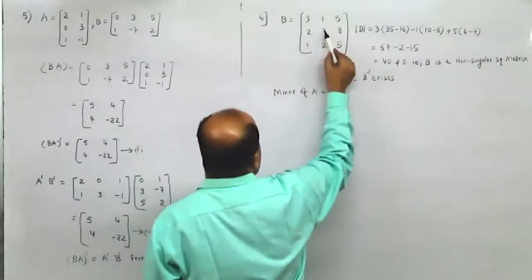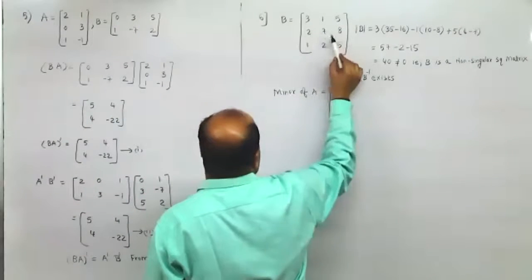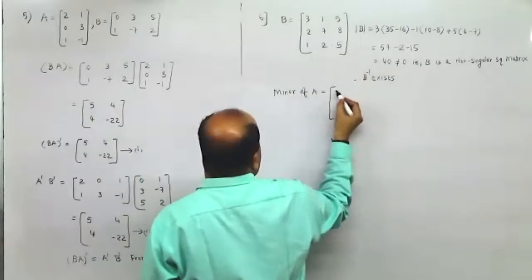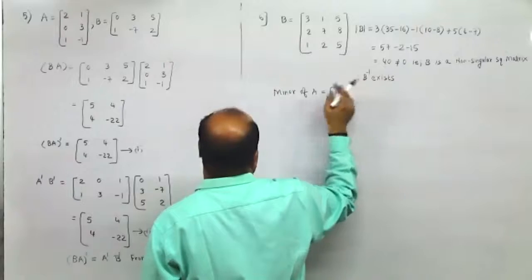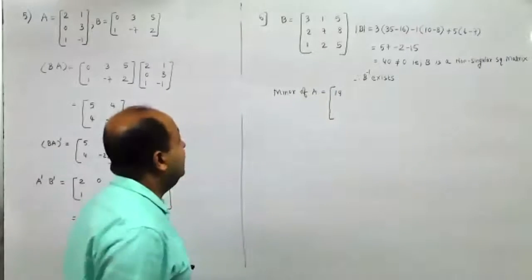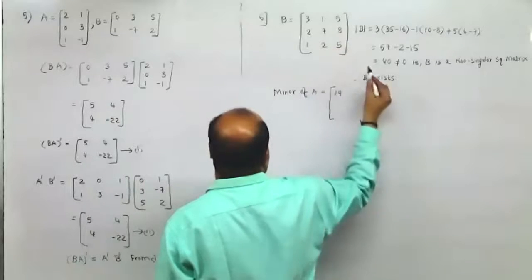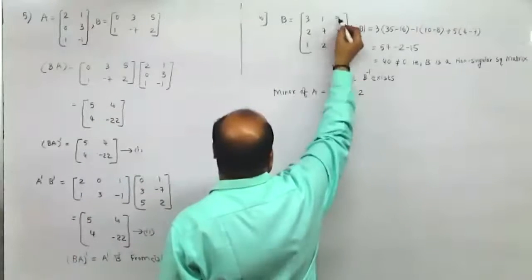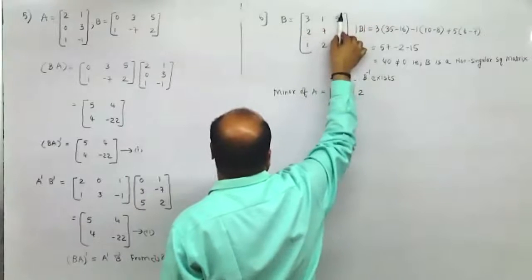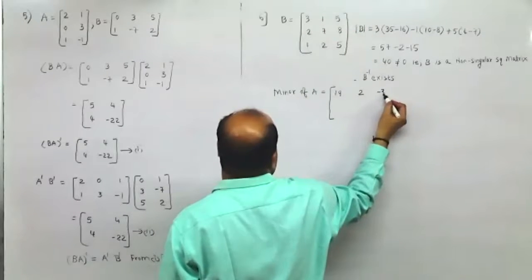This is 3 into, instead of 3, you'll write 35 minus 16. So that is 35 minus 16 is 19. Then instead of 1, we'll write 2 into 5 minus 8 into 1. So 10 minus 8. Then instead of 5, we'll cover this row and this column. So you get 4 minus 7, which is minus 3.